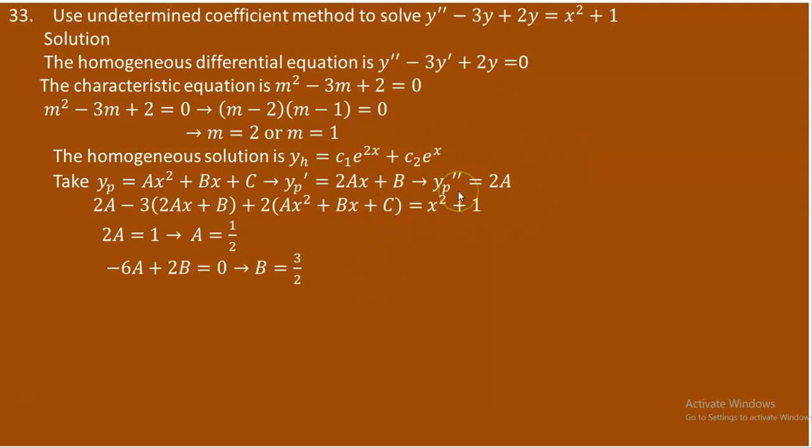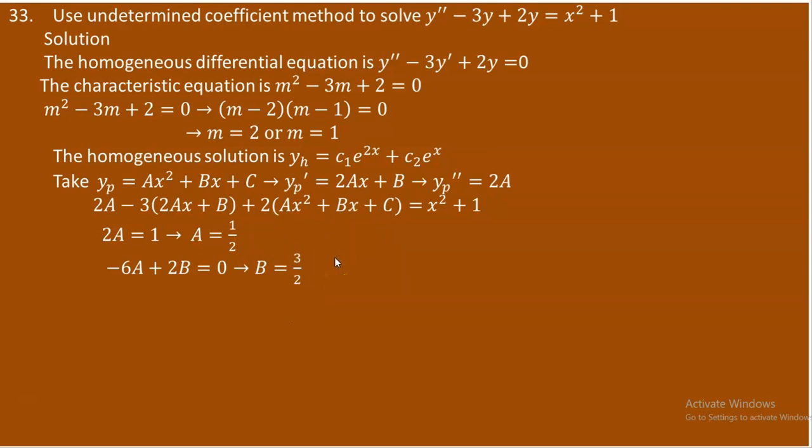But we don't have a coefficient of x here, and this means that the coefficient of x is 0. So minus 6a plus 2b equals 0, and we knew what a is. It's already obtained, it's 1 over 2. So if this is 1 over 2, it's going to be negative 3, and when you shift that to the right, it will be positive 3. So dividing both sides by 2, you will have b to be 3 over 2.